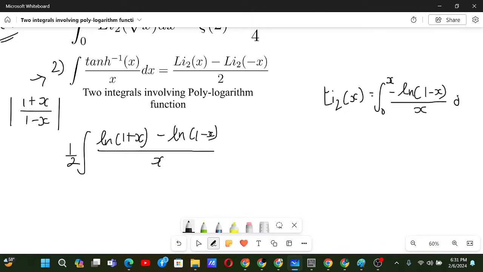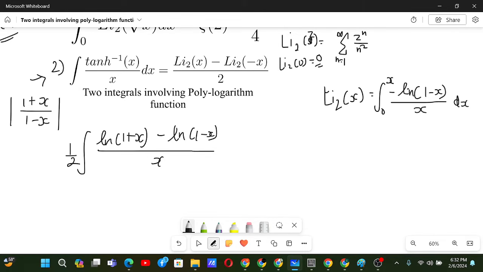Since this integral is 0 at x equals 0, the entire expression also evaluates to 0. Li2 of 0 is also 0, because from the sum definition of Li2 of s, the sum from n equals 1 to infinity of x to the power n by n to the power 2, if it's x over here, this sum will just have 0, so it's also 0.